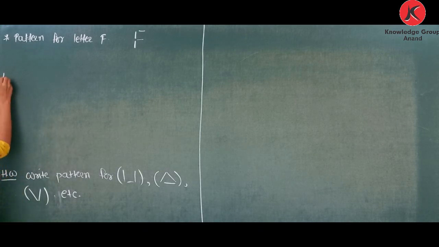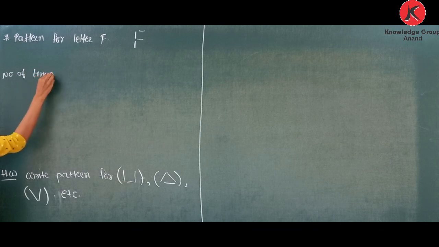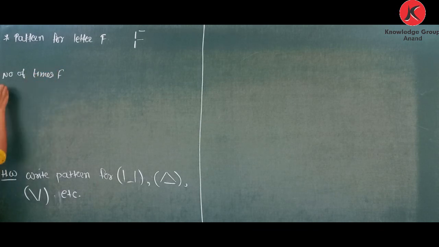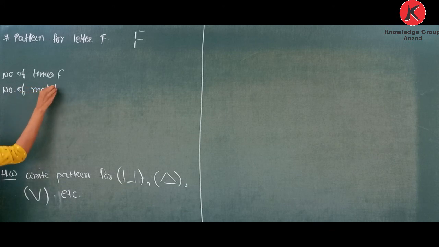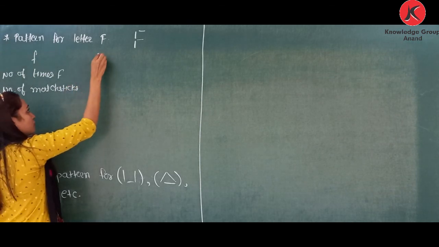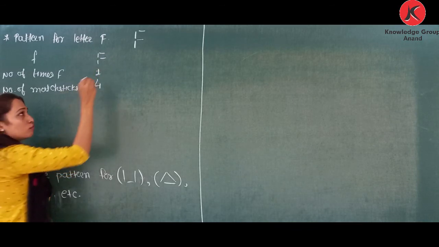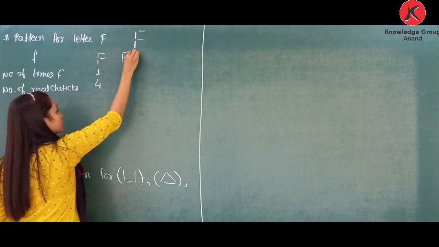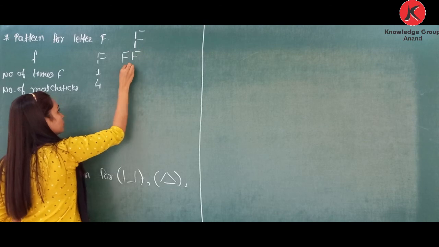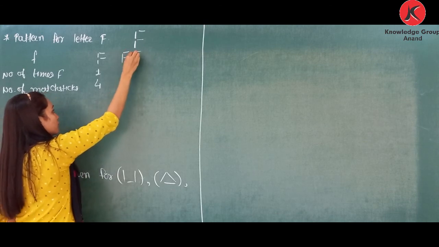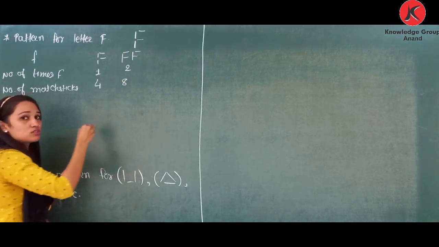So here we can write the number of times letter F appears and the number of matchsticks. For one time we need 4 matchsticks. For 2 times we need 1, 2, 3, 4, 5, 6, 7, 8 matchsticks.